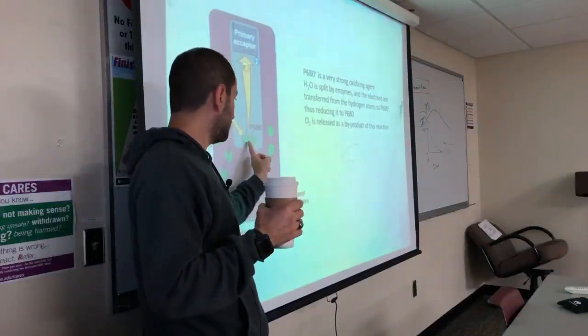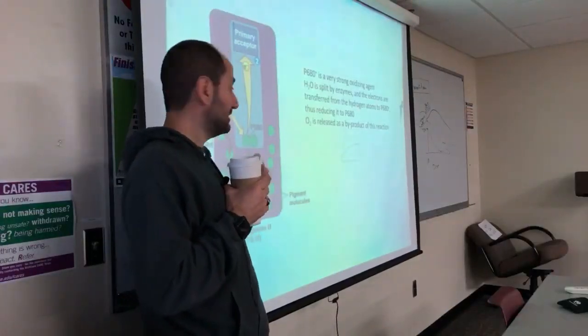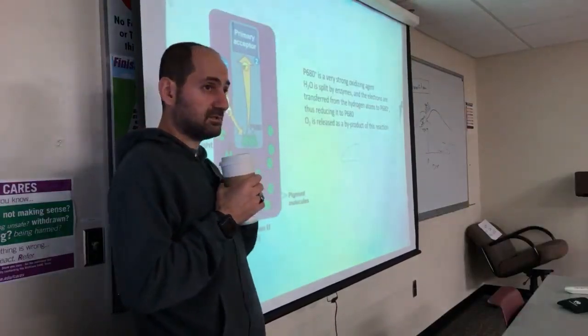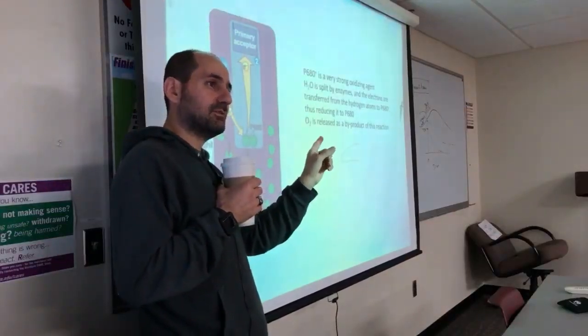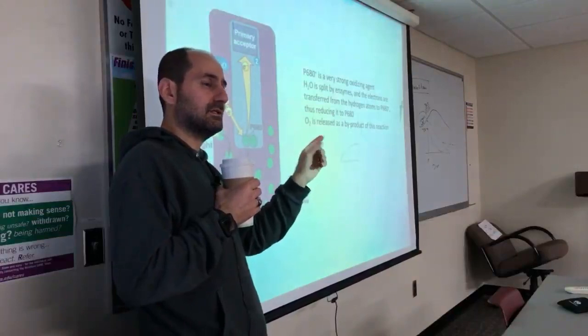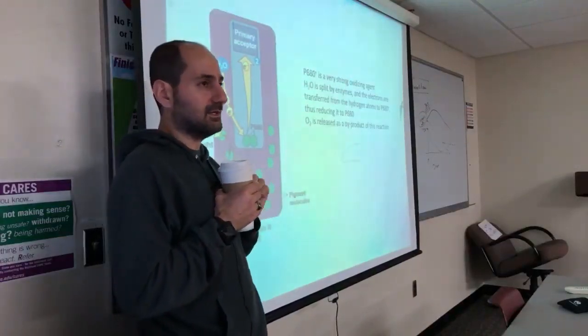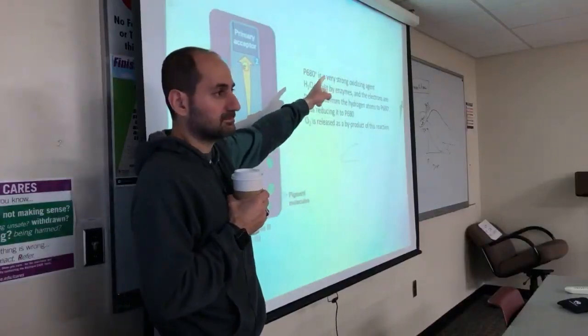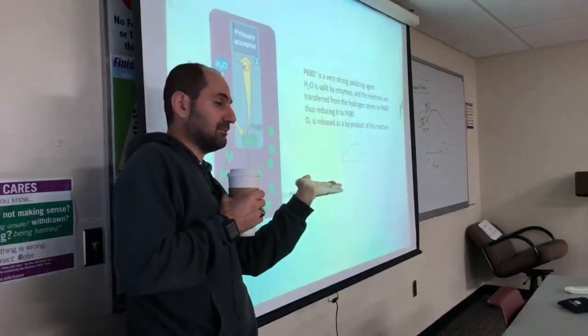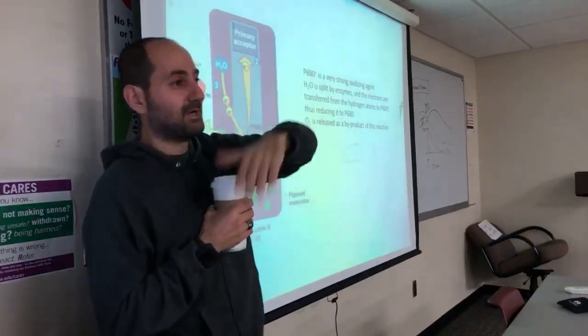If P680 has electrons and light energy reaches P680, it switches to negative EO. Remember negative EO, negative reduction potential? Here, take my electrons. I don't care, right? But now what did it become? P680 plus. And it just switched, like it went from negative EO to super positive EO, right?